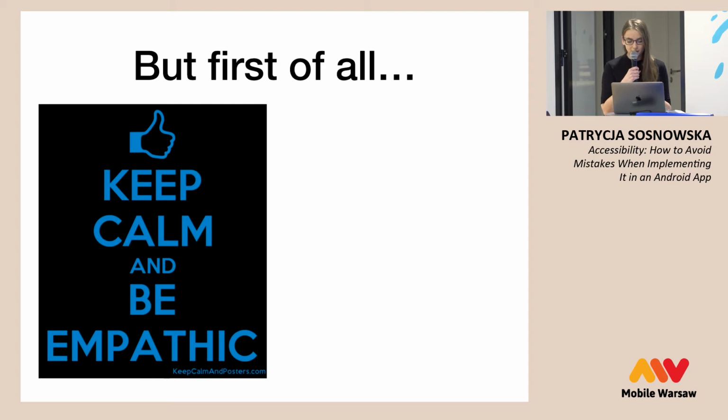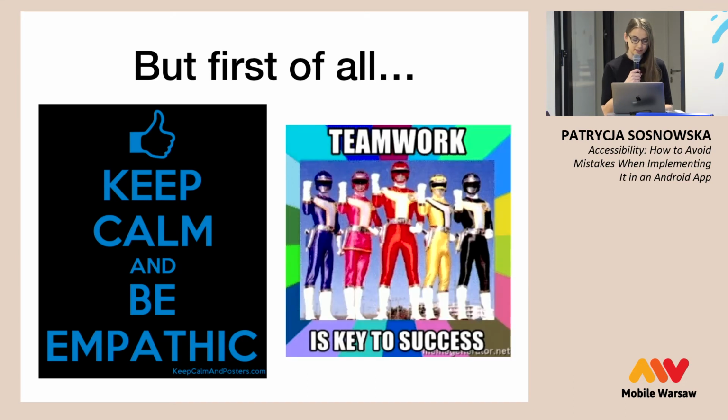We as developers should remember that something can look good when we look at the code, but the final experience may not be what we want to achieve. And another thing is that accessibility, in my opinion, is always teamwork. Developers and designers should support each other in ideas and decisions they make.